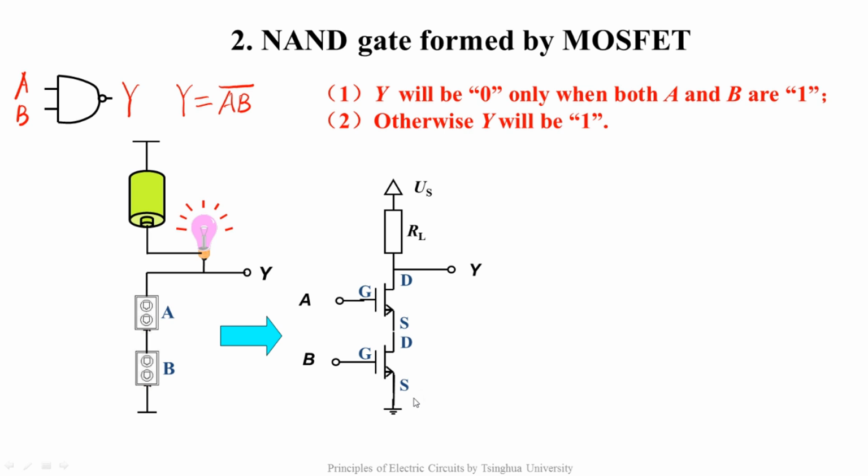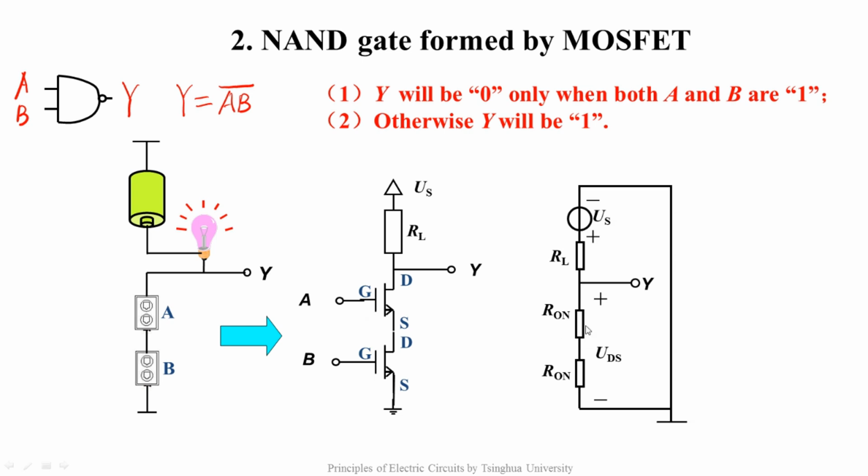Only when both A and B are 1, that is, the two MOSFETs are turned on, Y will be 0. In this circuit, UDS equals 2 times R on over 2 times R on plus RL, times US.